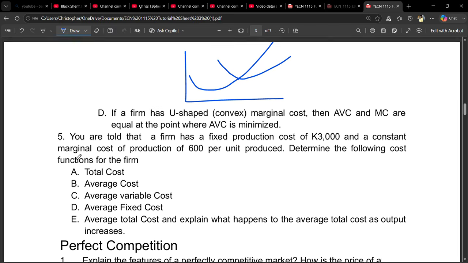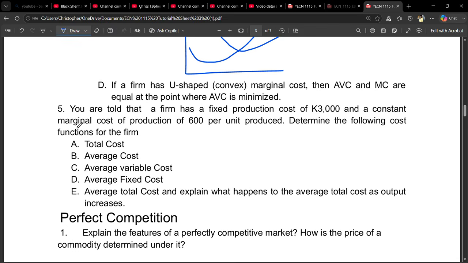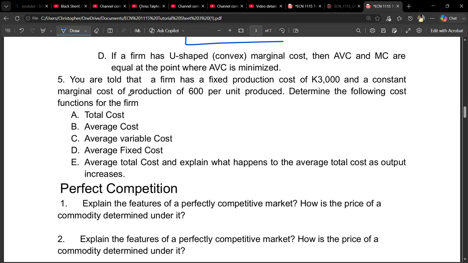Okay, question 5. Question 5 says, you are told that a firm has a fixed production cost which is 3,000 and a constant marginal cost of production which is 600 per quantity, so we're saying 600 times Q. Determine the following cost functions.